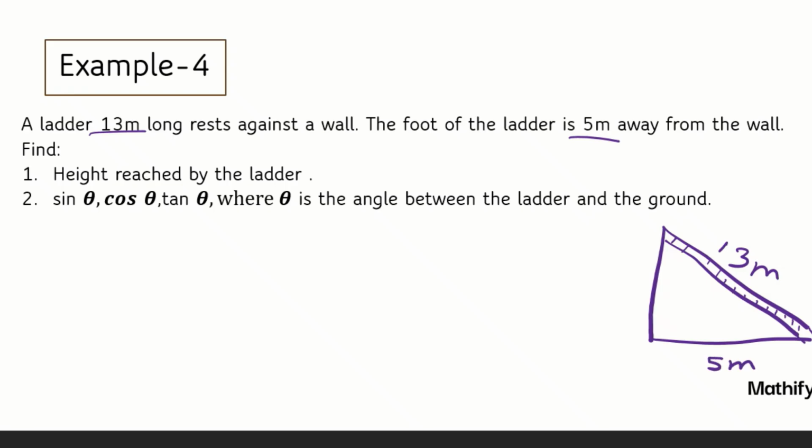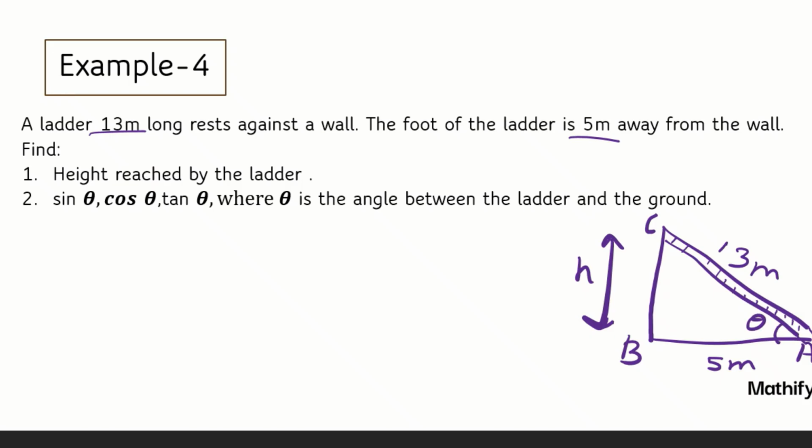So we have to find the height reached by the ladder. How much height is reached by the ladder? This is A, this is B and this is C. So this is the height H, this is BC.